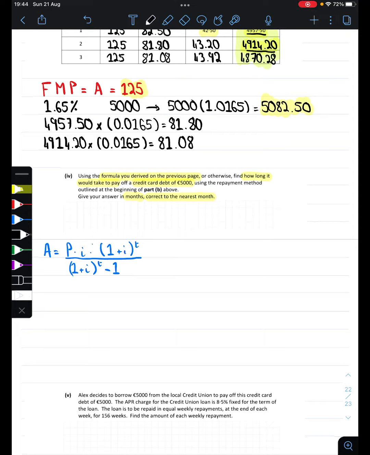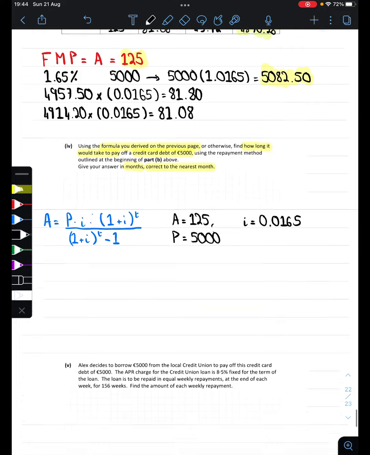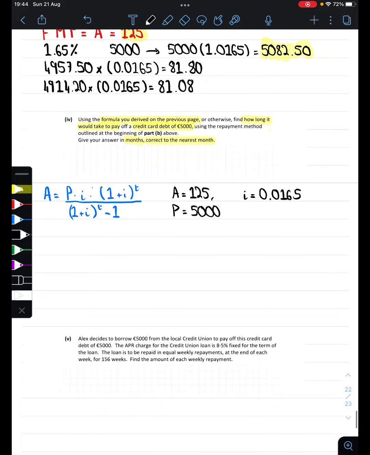Okay, and we have A, it's 125. We have P, it's 5,000. And we have I, the interest rate, it is 0.0165. And all we need to solve is, well, we need to solve for T.